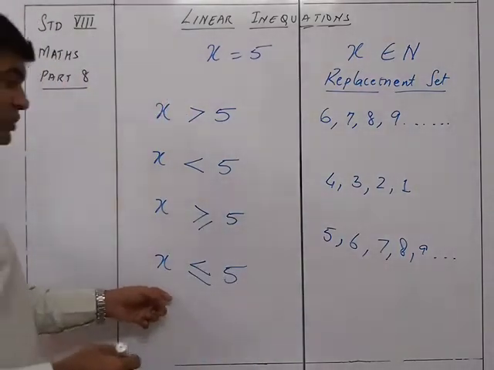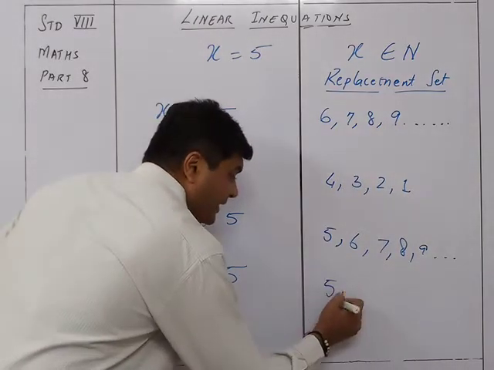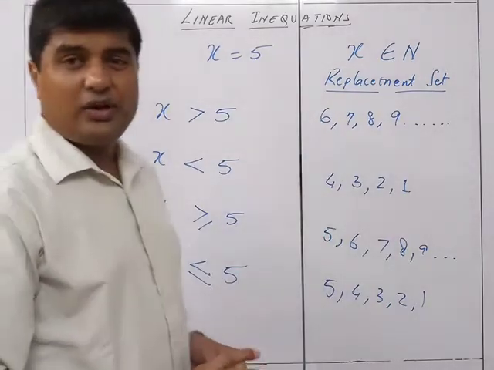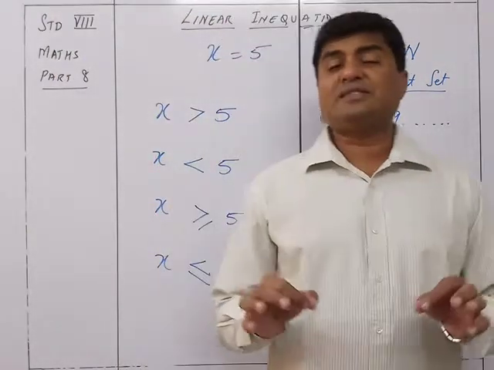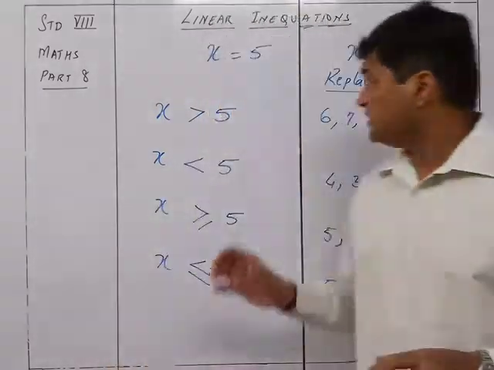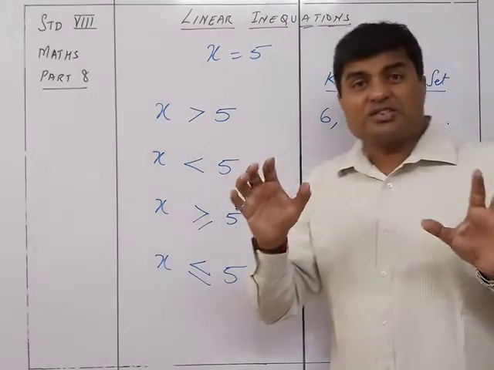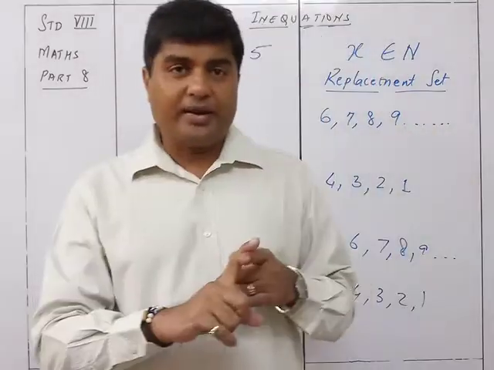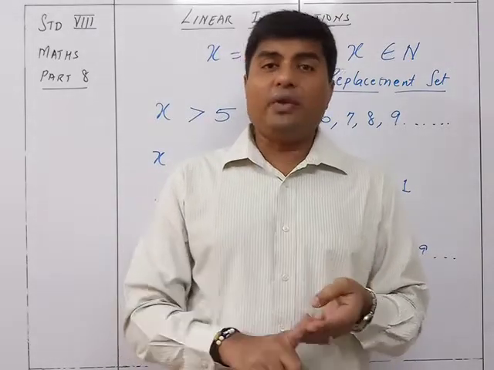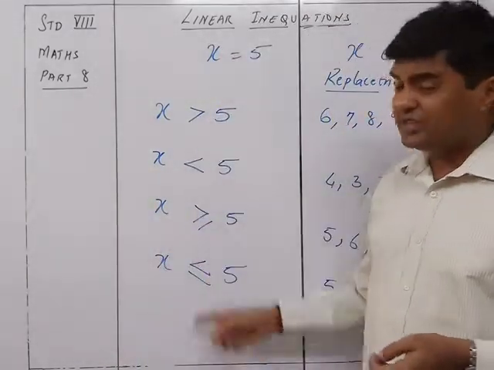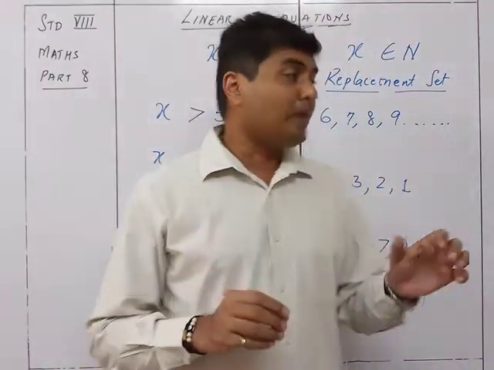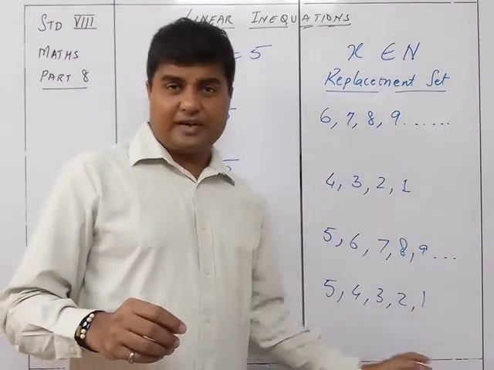Similarly for here also the same thing. 5 is included and then 4, 3, 2, 1 is there. So the answer over here will be 5, 4, 3, 2, 1. So in this way you can see that depending upon what x is belonging to, if it is belonging to a natural number or a whole number or an integer, and then which of the four signs is there, I will need to find out what my replacement set is.